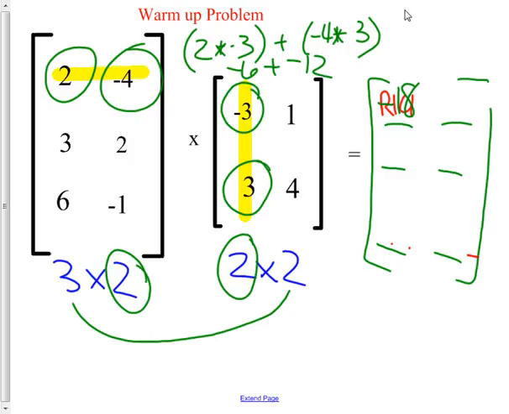What'd you get, Jake? -14. Did other people get -14? Yes. What about row 2, column 1? Anyone? -3? Alex, what'd you get for row 2, column 2? Row 3, column 1, Allie. I got -21. Row 3, column 2, Elena. 2.